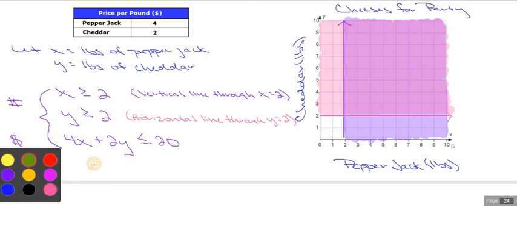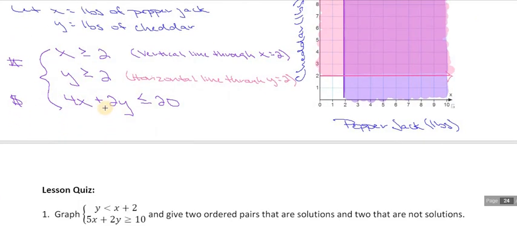Let's use green. This is going to have a slope, so it's not going to be just a straight vertical or a horizontal line. So let's get Y alone. We'll practice that. So we'll subtract 4x. So we have 2y is less than or equal to negative 4x plus 20.